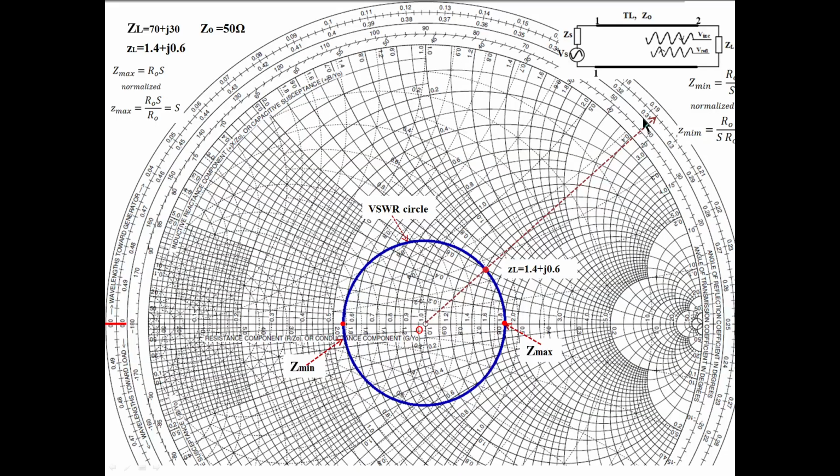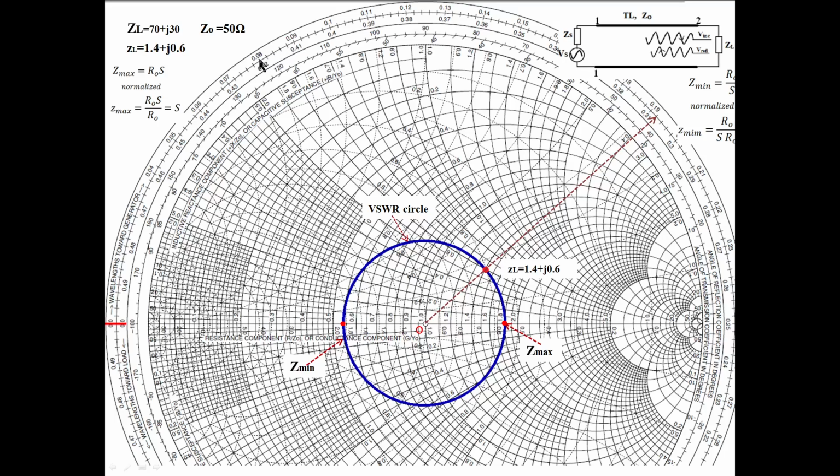It is 0.192 here, because it is a little bit away from 0.19, by one division. From here to here it is 0.01, and in between there are 5 divisions: 1, 2, 3, 4, 5.